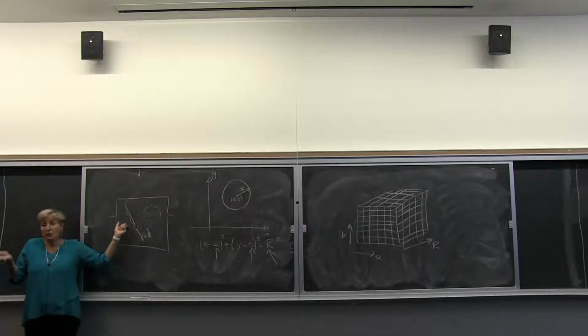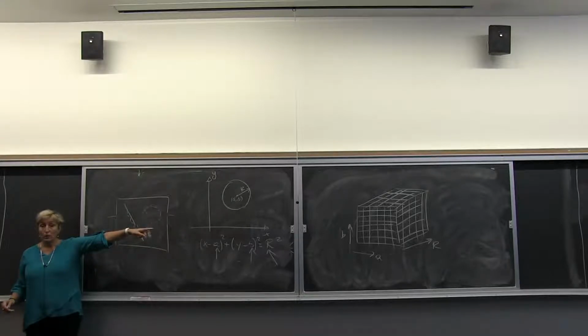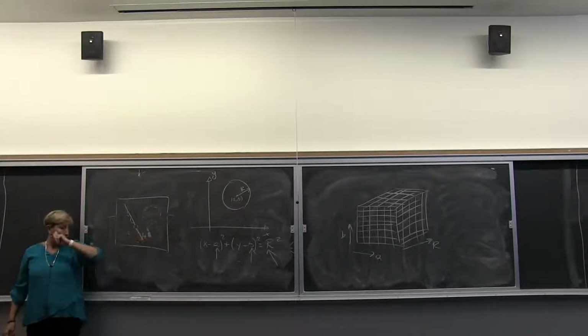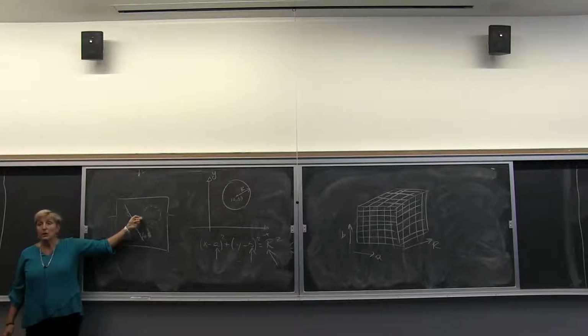If I knew, I wouldn't have to do this. So for every edge that I find, I'm going to vote for circles that are compatible with that edge. When we did the Hough transform for lines, a point corresponded to a sinusoidal curve. So here, if I'm looking for circles, if I take an edge over here, what's the Hough transform of that?